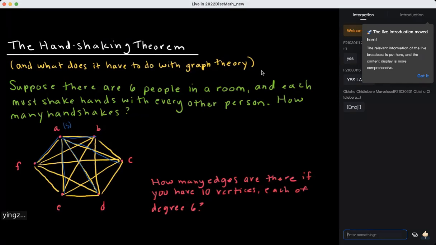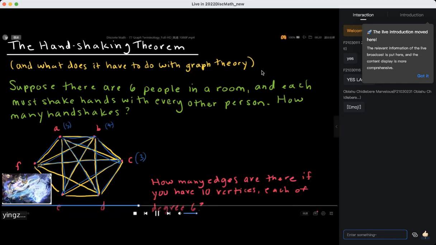Then if I look at B, I don't have to count the one I've already traced over in blue, because I've already counted that A shook hands with B. So B shakes hands with C, D, E, F. So that's 4. And then I'm going to add 3 more for C. Again, that doesn't mean C only shakes hands 3 times.